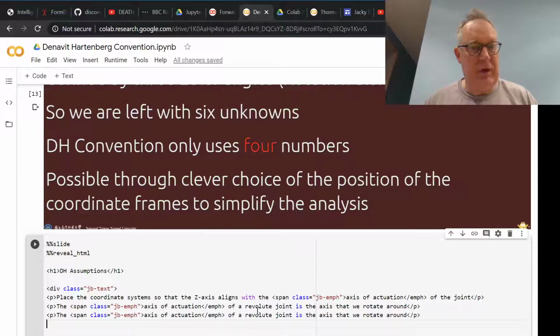The axis of actuation of a prismatic joint is the axis that we translate along.